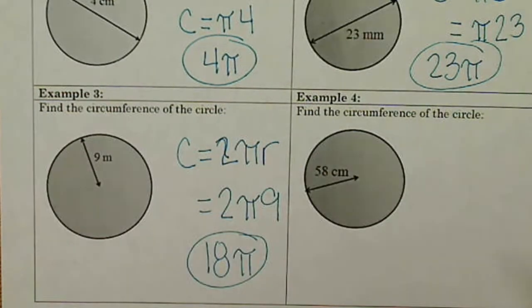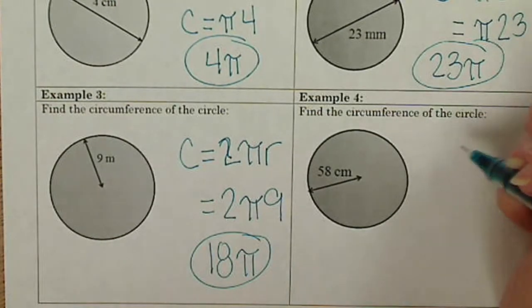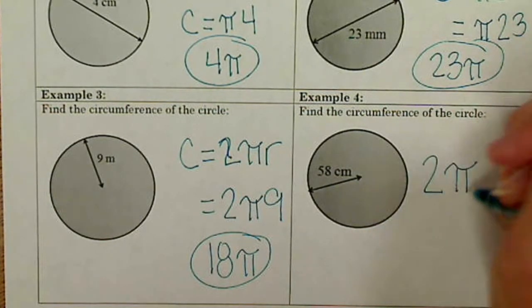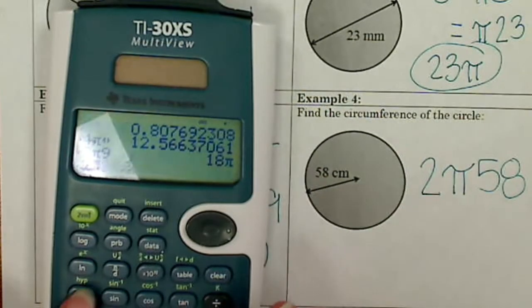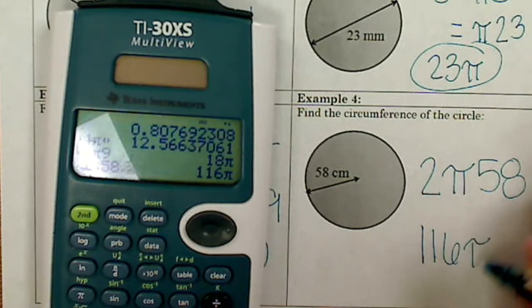Now, if it ever says round to the nearest whatever, you need to hit your arrows. So, same for example 4. This is a radius. So 2 pi 58. Push 2 pi 58 in my calculator, I get 116 pi.